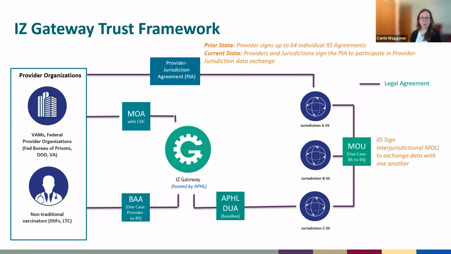That MOU and the APHL DUA remain in effect and legally binding, regardless of whether you choose to participate in the provider organization use case. I hope that answers your question. If not, please let us know. We're happy to talk through that further. Thank you.